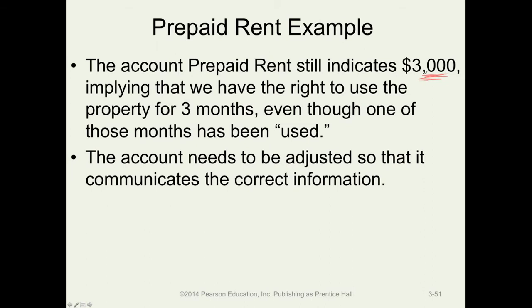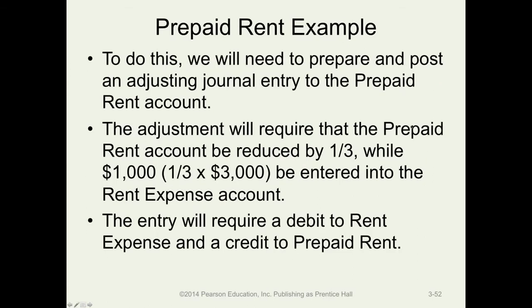So again, you have rent prepaid, you can have insurance prepaid. Let's say 1/3 expires in each year or each month, and when it's used, that's when it becomes an expense. So we have to determine the correct amount of the prepaid rent, and to do this, we have to come up with an adjusting journal entry, and we know that 1/3 has been used up.